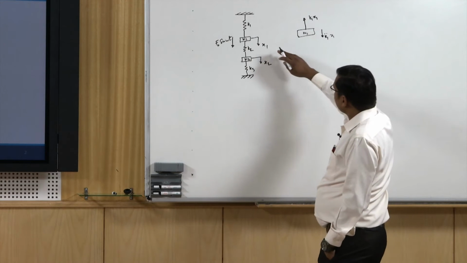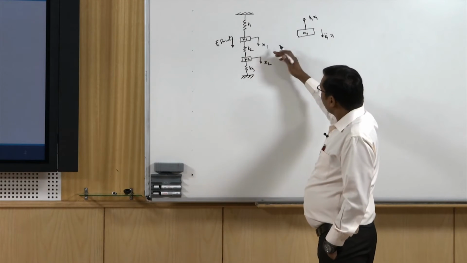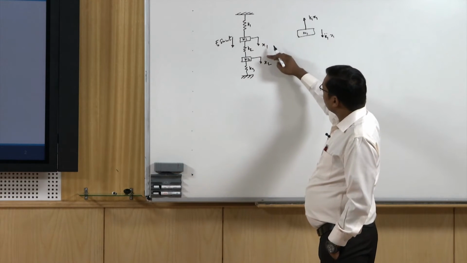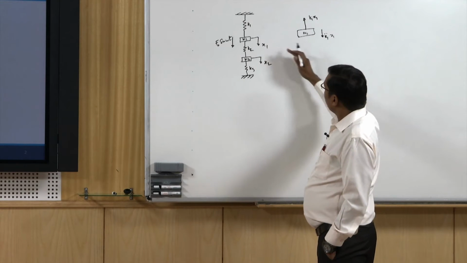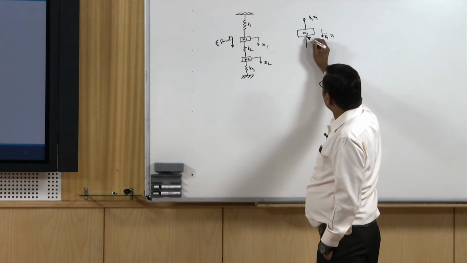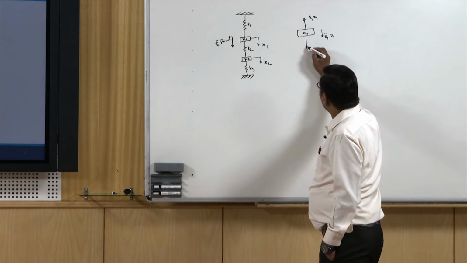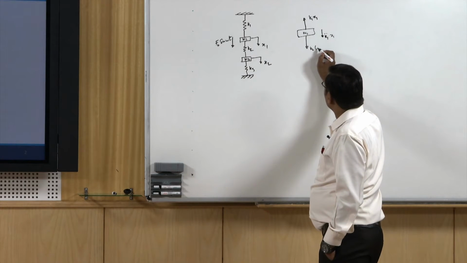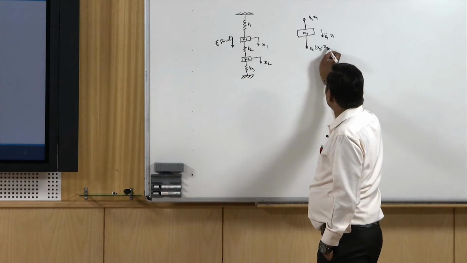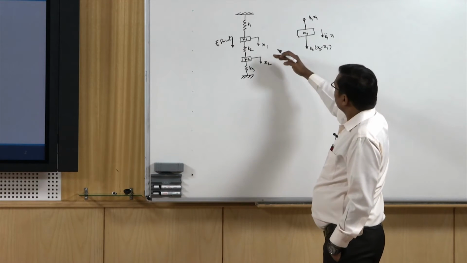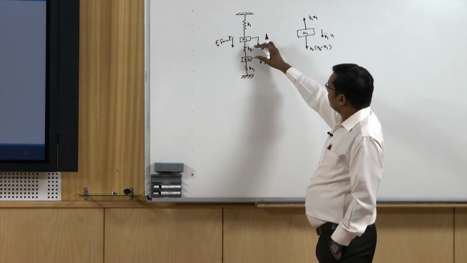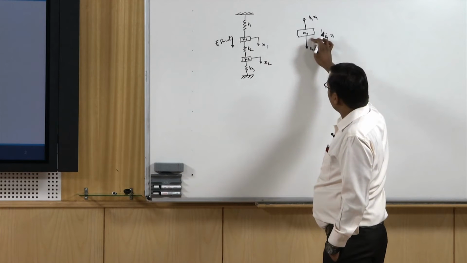However, if we assume x2 is greater than x1, this spring will also apply a force k2 times (x2 minus x1). So net it will pull this mass.